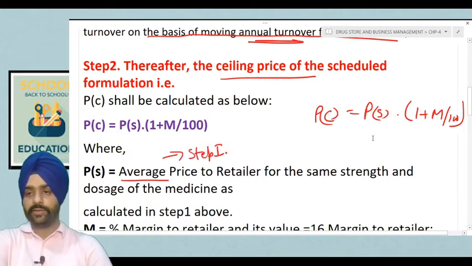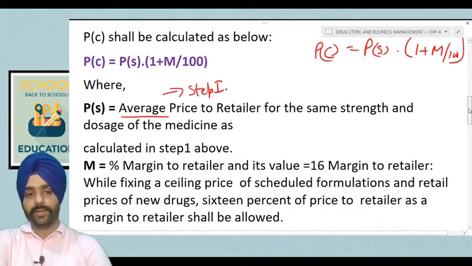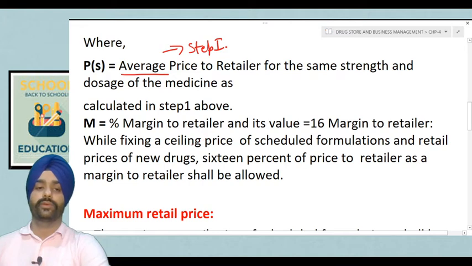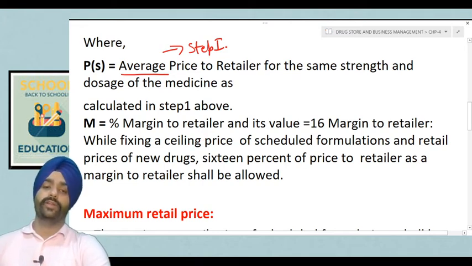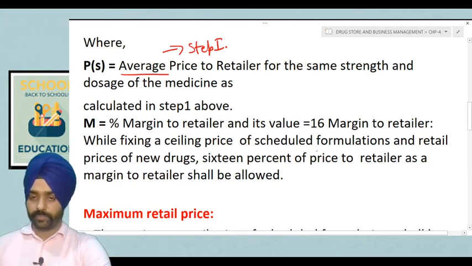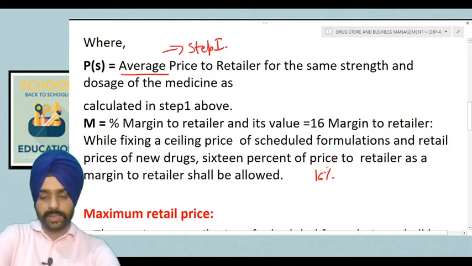The next is M, which is the percent margin to the retailer. While fixing a ceiling price of a scheduled formulation and retail price of a drug, 16% of the price to retailer as a margin to the retailer shall be allowed. This is known as the margin percent. By default, it is always calculated to be 16%.